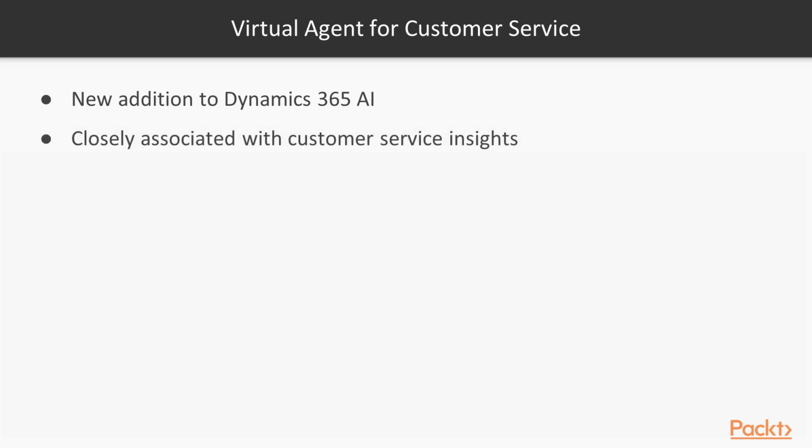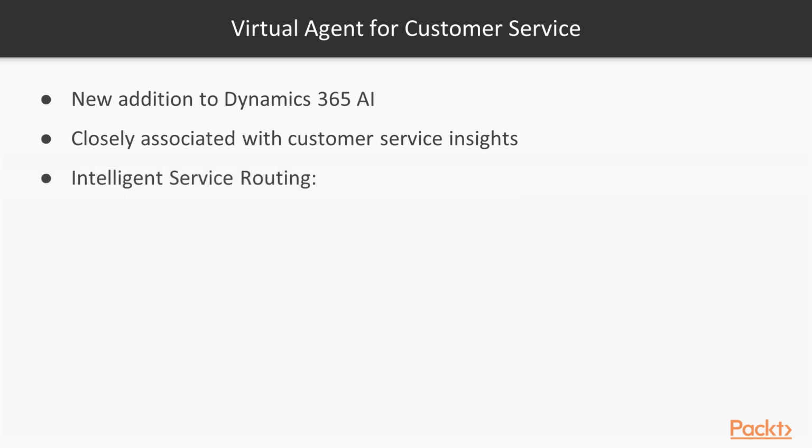The virtual agent for customer service is a very new offering, a new addition to the Dynamics 365 AI suite of business applications. It's very closely associated with customer service insights, but it is its own standalone offering.